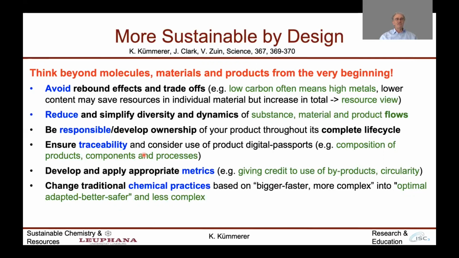And we have to be responsible for what we are doing along the complete life cycle, not just along the value chain, because the value chain ends where there is no value anymore. And to better understand, we also need appropriate metrics, including use of byproducts and circularity.